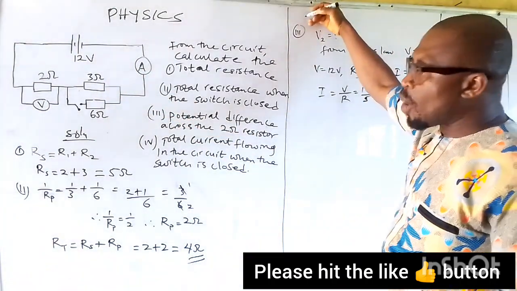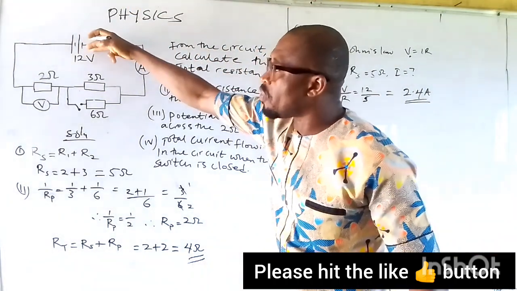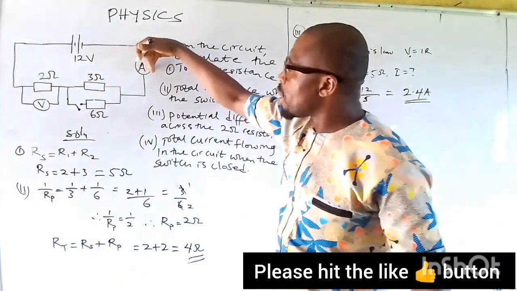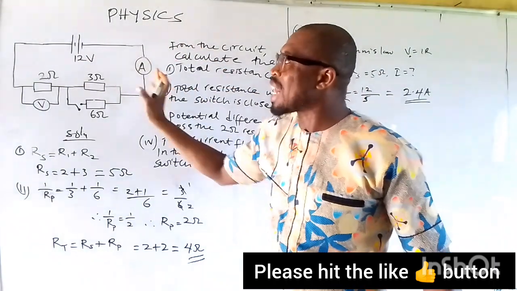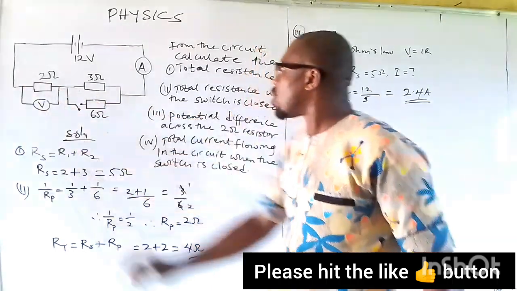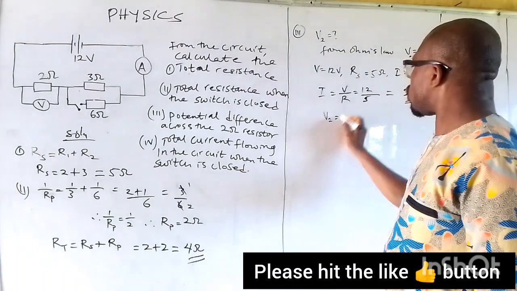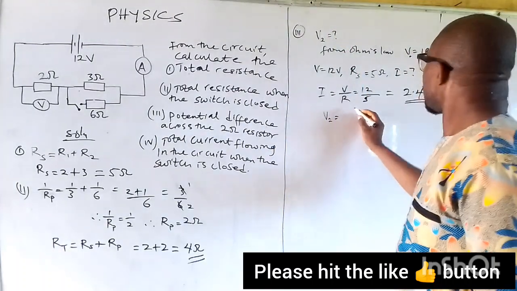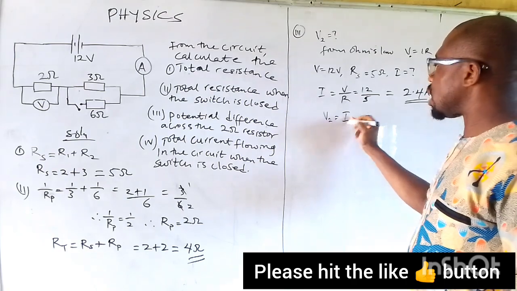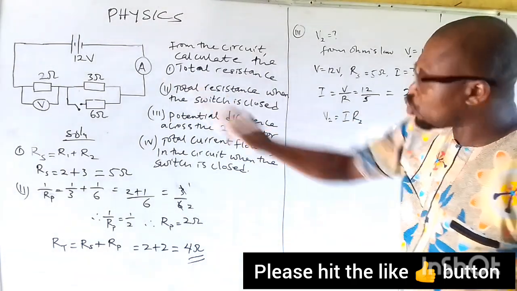Now we have the potential difference in the entire circuit and the current flowing here. With these two pieces of information, we can get the potential difference across the 2 ohm resistor, which is V2. V2 is equal to the current in the circuit times R2, and R2 is that 2 ohm.